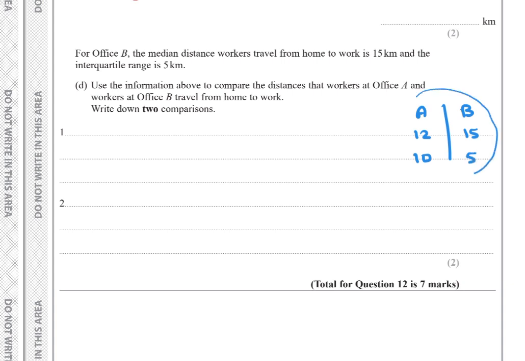So to compare between them, look at the median of office B and the median of office A. The median of office B is greater than the median of office A. So this means the distance covered by office B workers is greater than the distance covered by office A workers.